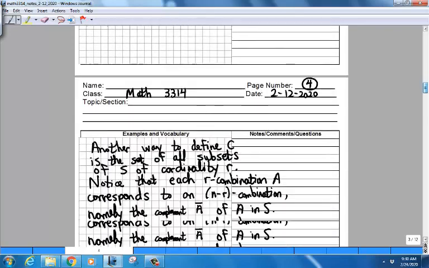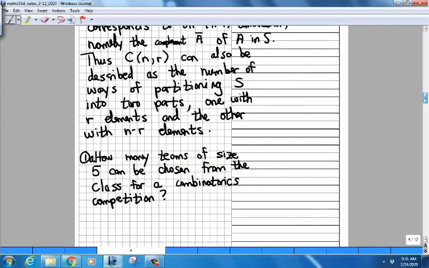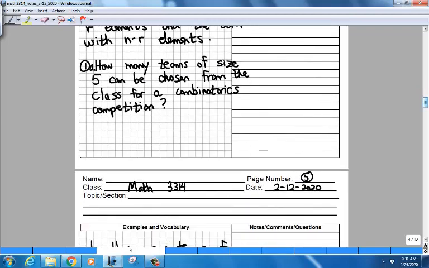So it's easy to apply this model now. Simple problems using R combinations are very easy to answer. So how many teams of size 5, I think we've done this type of problem before, but with different restrictions.